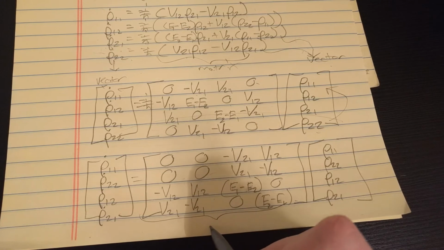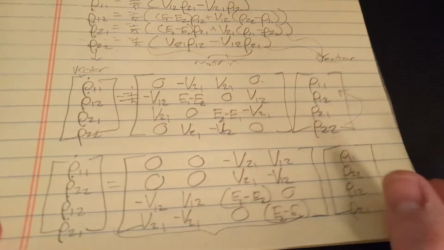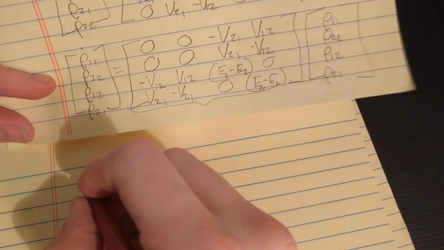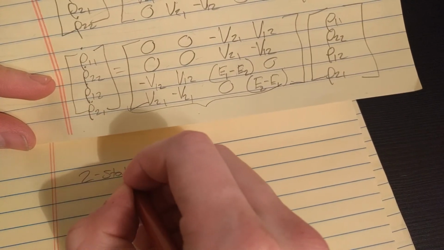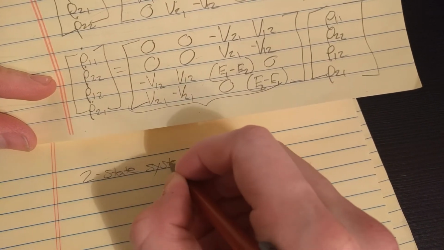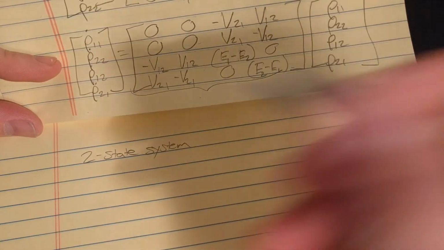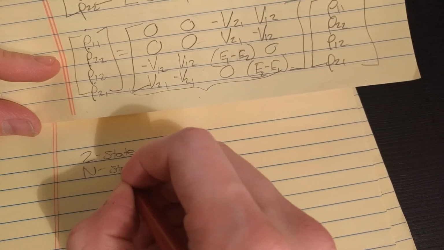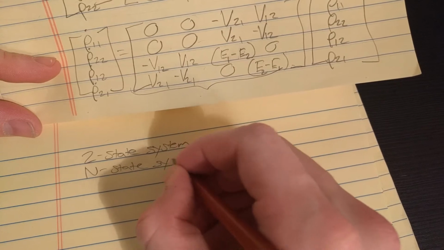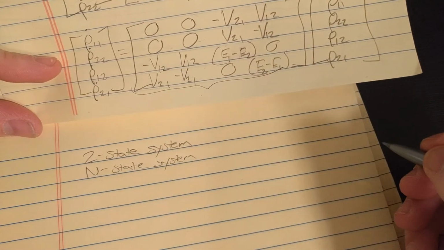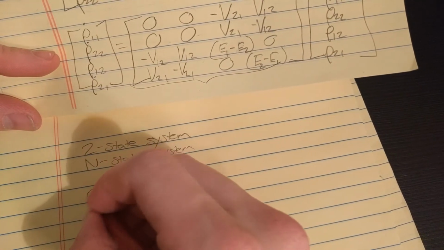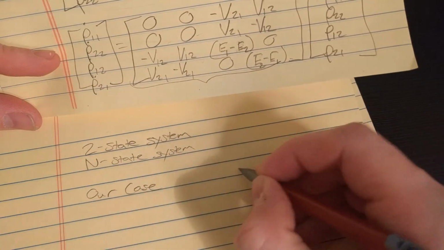And now, notice, let me go on to the next page here. Notice that we started with a two-state system. In general, you can start with an n-state system. Let's do it this way. Our case, and then the general case.